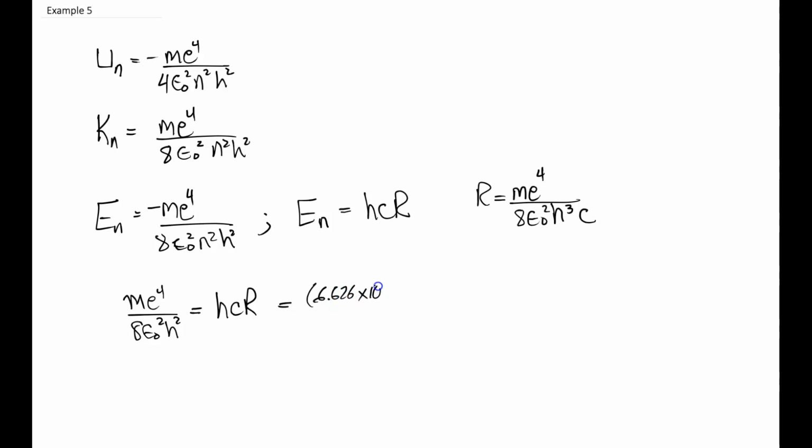6.626 times 10 to the negative 34 joule seconds times the speed of light.